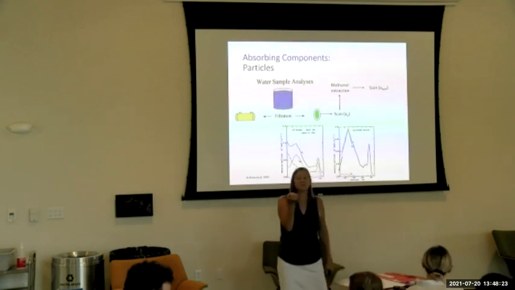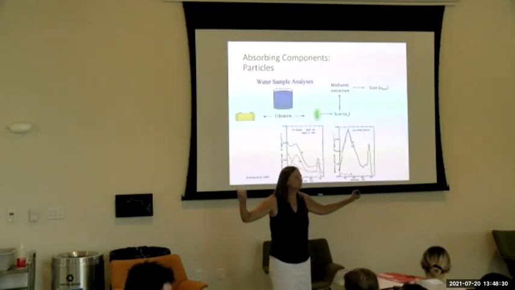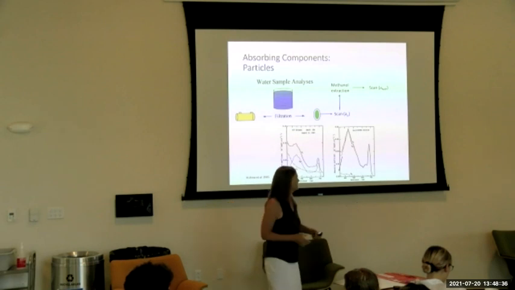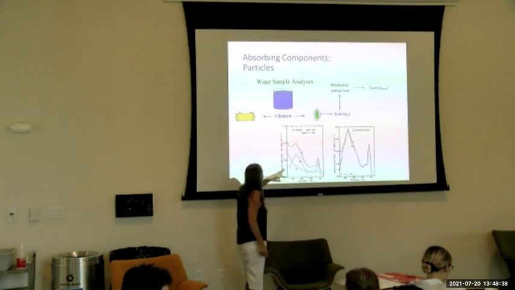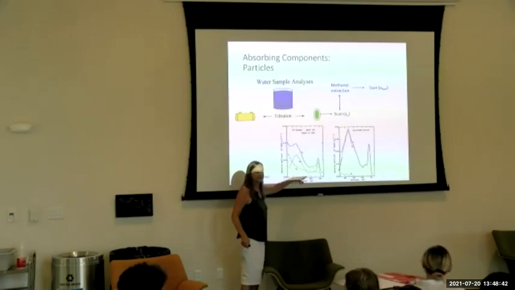Because you could also measure the extract, but that's going to have a very different absorption spectrum because now the molecules are not attached to each other or anything, and they're in solvent. So this technique allowed the reconstruction of absorption by phytoplankton pigments in vivo, in a living cell.